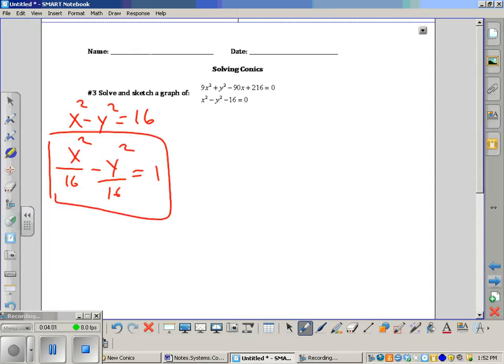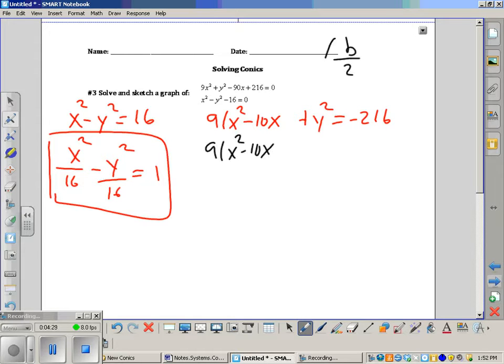Okay, here is my first equation. That's a hyperbola. And let's see, let's do the second equation. We're going to have to do the completing the square. Here we go. Remember, you take b over 2 and you square that. So negative 10 over 2 is 5. Squared is 25.